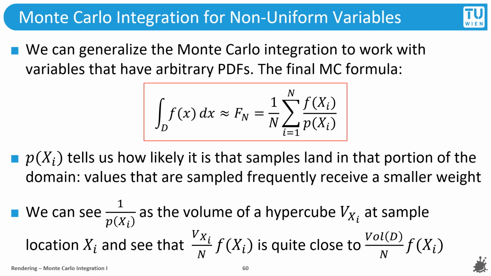Alternatively, remember that we can interpret the reciprocal of the PDF as the volume of a hypercube at the corresponding point in the domain. Hence, for each sampling location, we have a computation that is similar to the one used before for uniform samples, but the factor that represents domain volume now adapts according to the PDF at the sample location, which makes perfect sense.